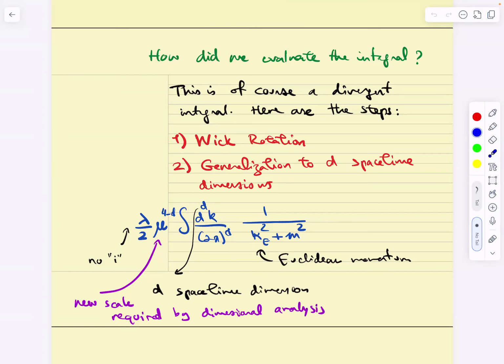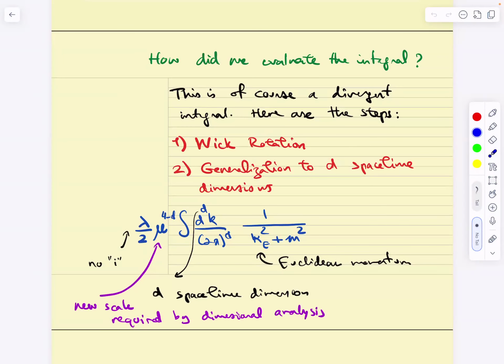K0 is what? Energy. It's the conjugate variable to time. That tells you that Euclidean K will have a zero component which is different from K0 by an i, or minus i. Good?